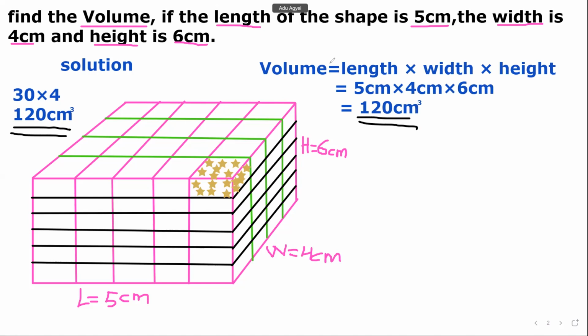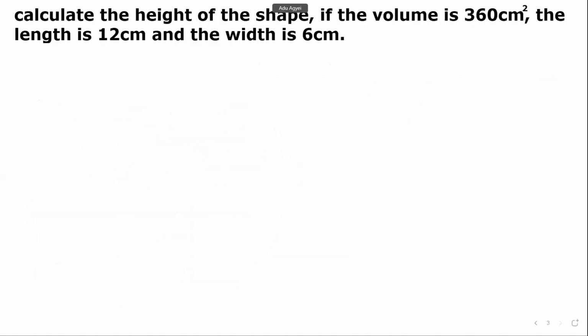Okay, I think let's solve the last example concerning how to find the other lengths whereby the volume is given to you, and they also ask you to find the length or the width or the height. Good. Now calculate the what?